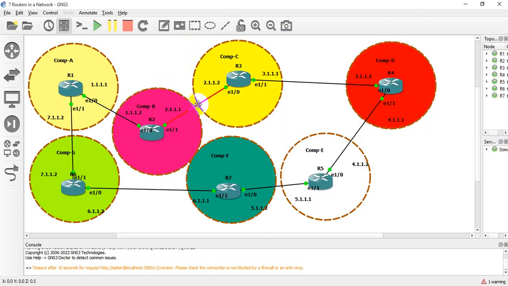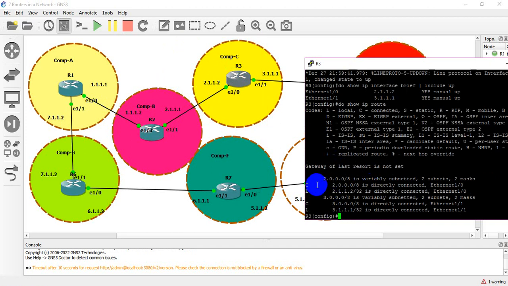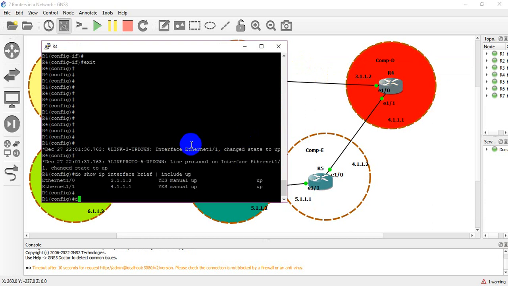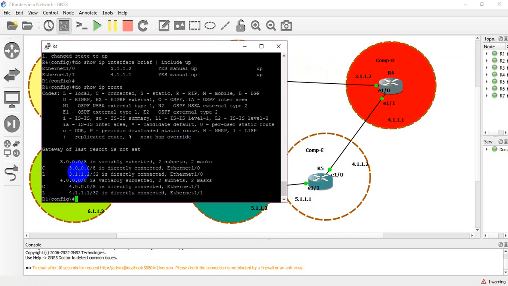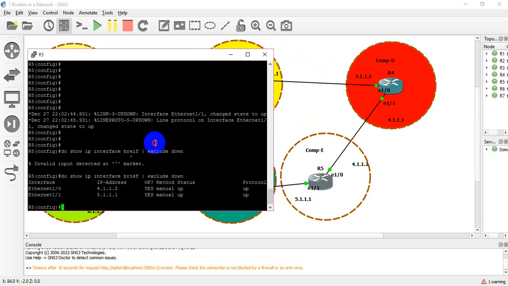Yes, 1 is connected and 2. In this one, same situation. Look at this, only connected routes are available, 2 and 3. Yes, 2 and 3 are connected. And if we look at this, yes, only connected routes are available, 3 and 4. Let's check this one.